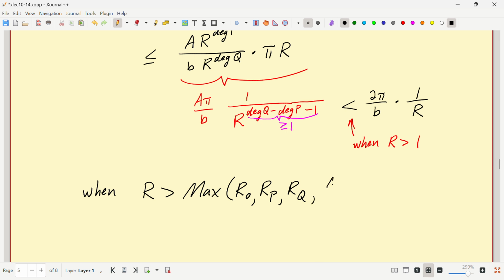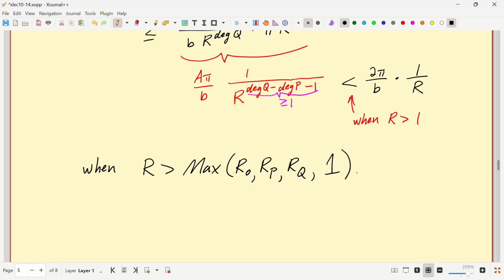I need it to be bigger than 1, which is kind of a no-brainer. I'm always thinking of r as gigantic. And so we see that the integral around C sub r tends to 0 as r goes to infinity.